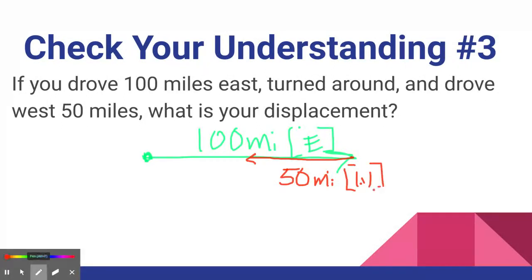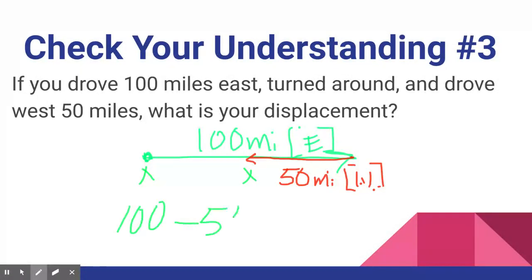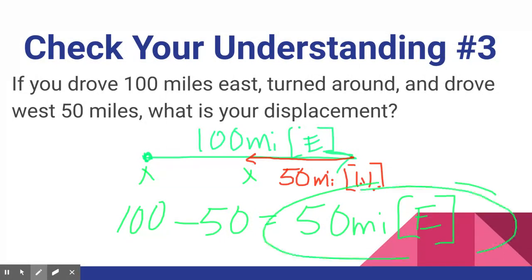Because this is where you began and this is where you ended, it'd be 100 minus 50, so that's a positive 50. That means it's 50 miles to the east. And that would be your answer for this check your understanding.